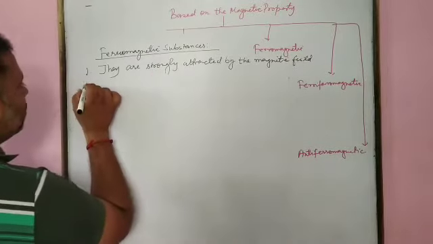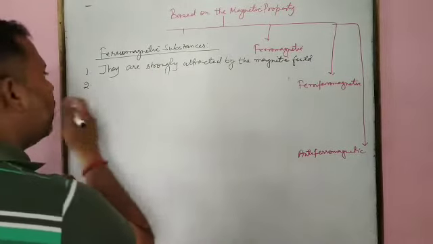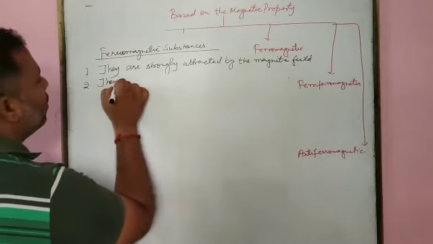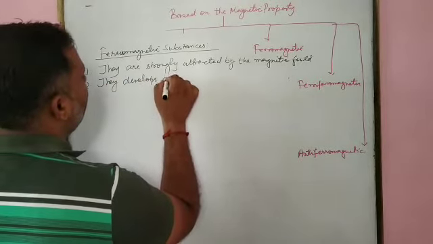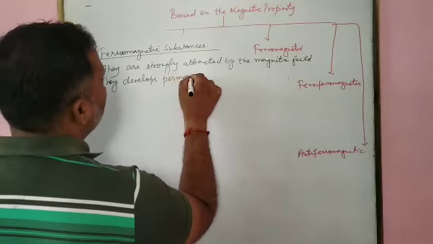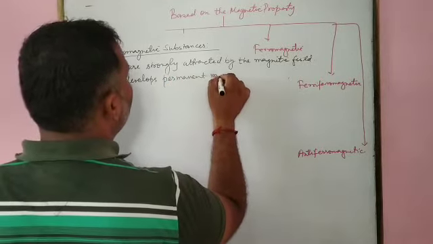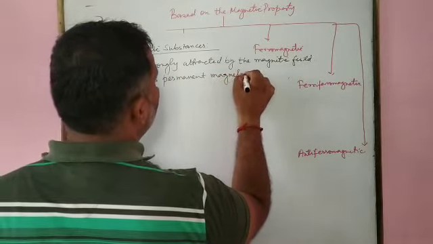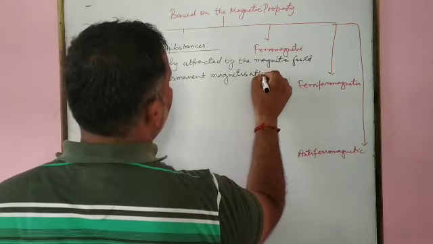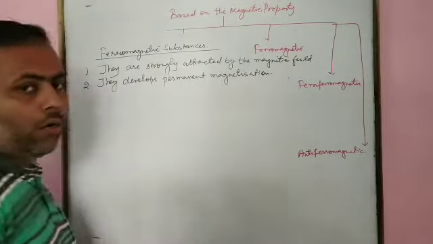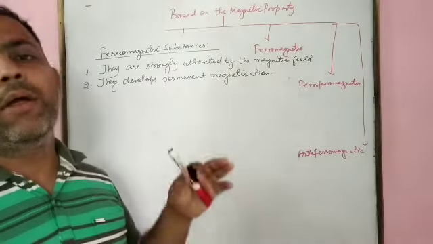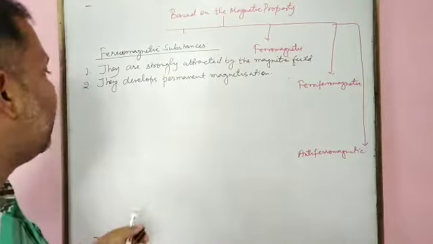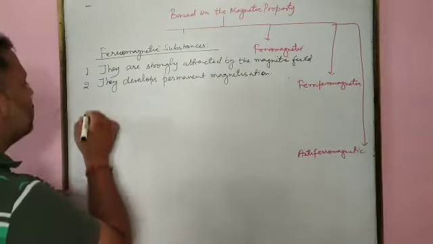They develop permanent magnetization. It means on removal of magnetic field, they have magnetic property. Why is it so? Let us discuss.